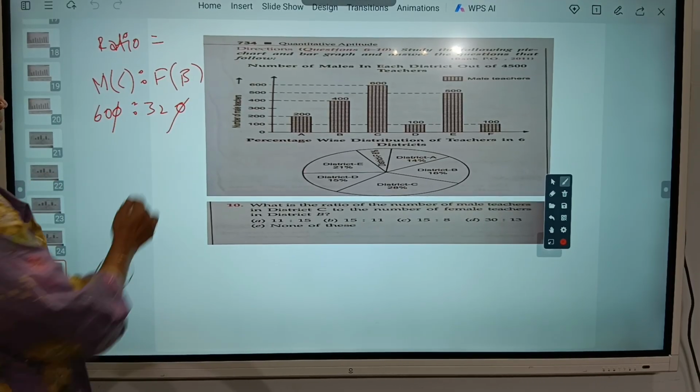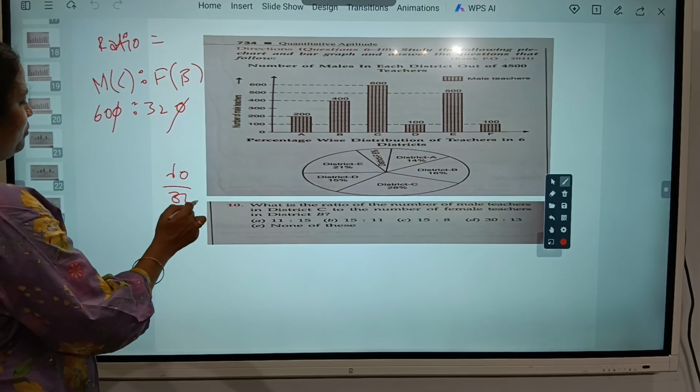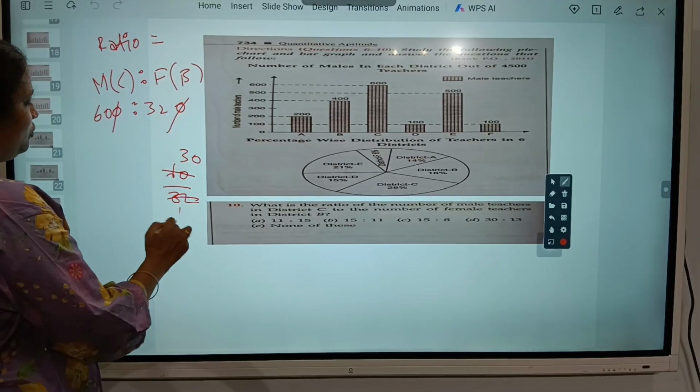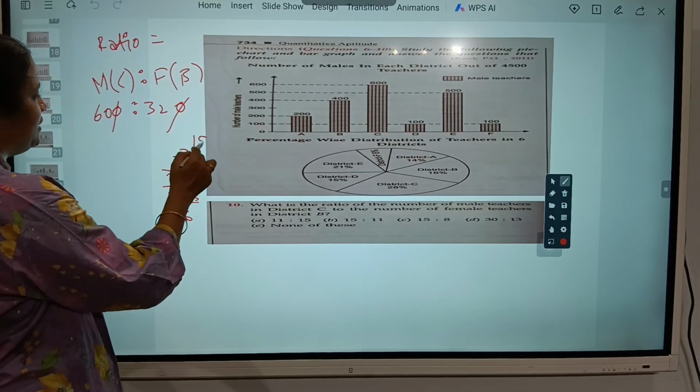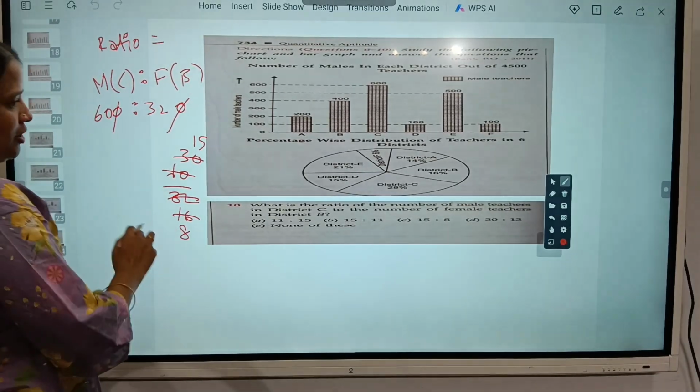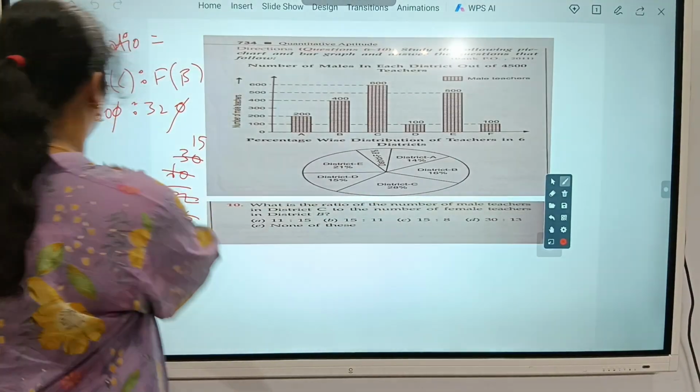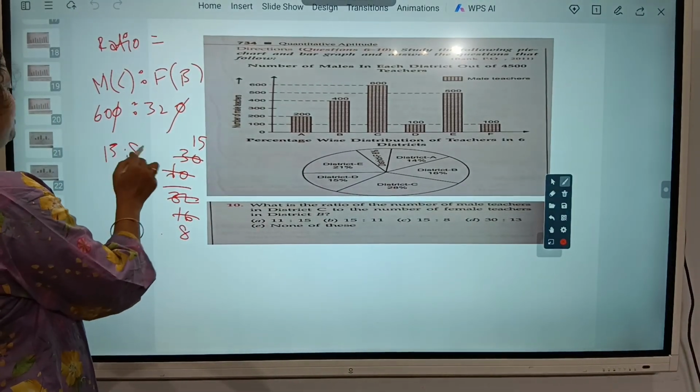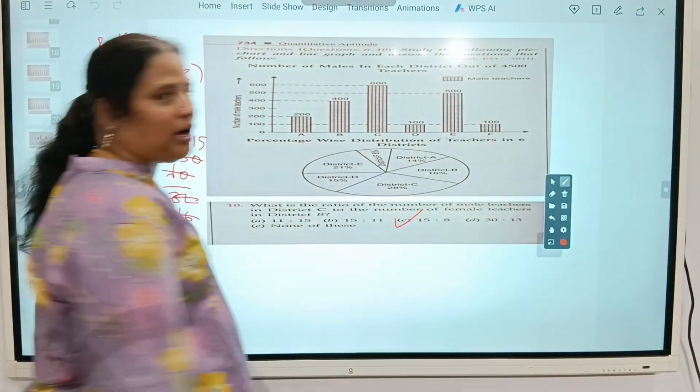Zeros cancel, so 60 by 32. Dividing by 4, we get 15 by 8. So the ratio is 15 to 8. So C is the answer.